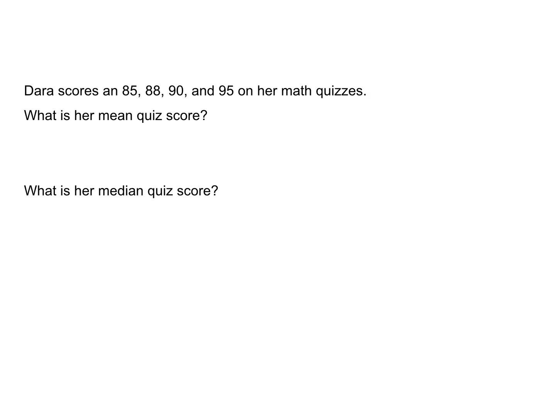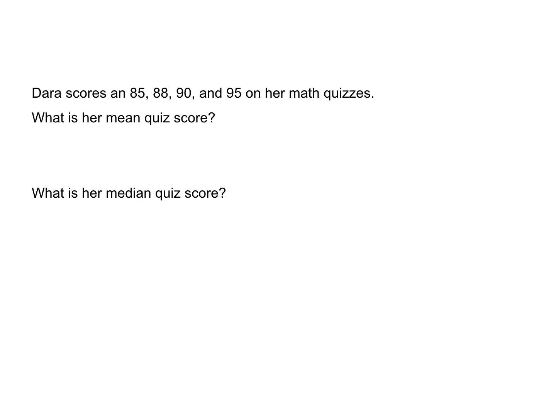So here's an example. Dara scores an 85, 88, 90, and 95 on her math quizzes. Then our first question says, what is her mean quiz score? So to find that, we need to add everything. We need to do 85 plus 88 plus 90 plus 95, and that equals 358.